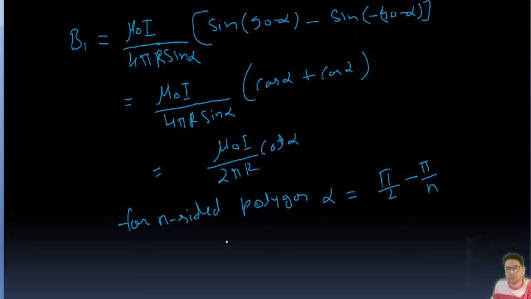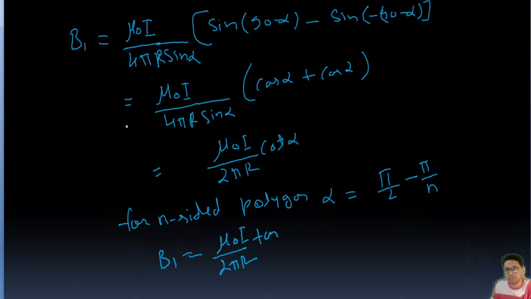So this is the one. Now we put the value. B1 is going to be mu0 I upon 2 pi R for one side, cot alpha, and we put the value of alpha, which is pi by 2 minus pi by n.